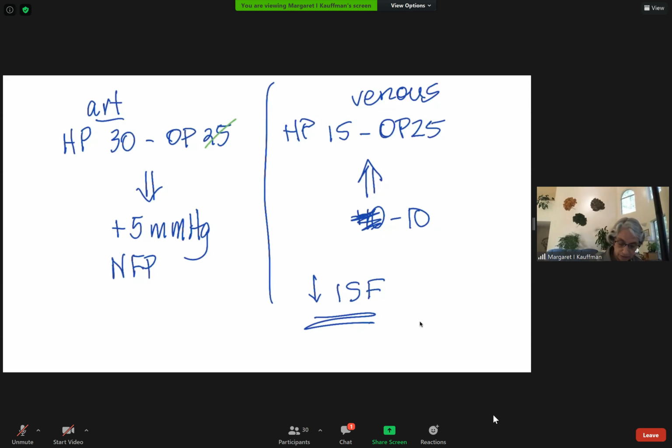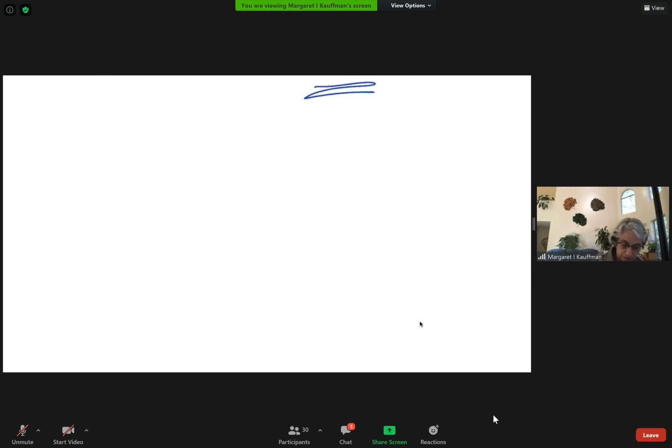So let's go back to the original numbers. If we say our hydrostatic pressure is 35 on the arterial side, and on the venous side, it's 17. But then we make the osmotic pressure, maybe I'll change it again.